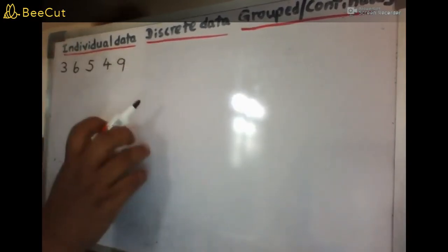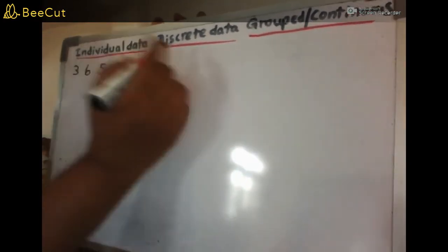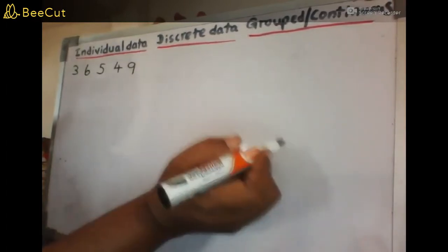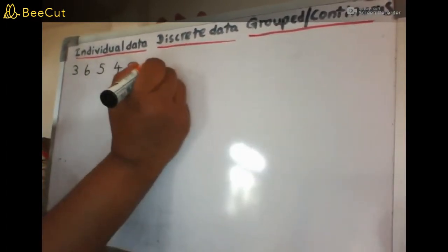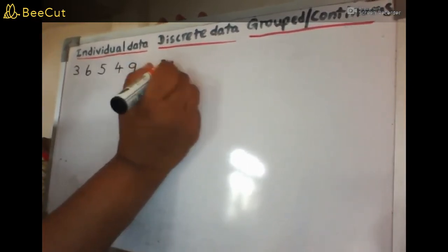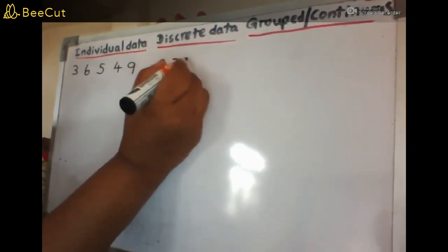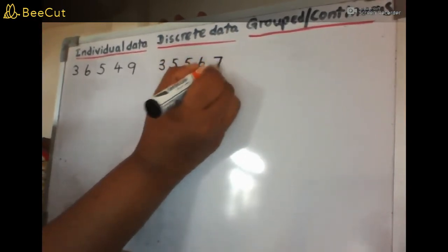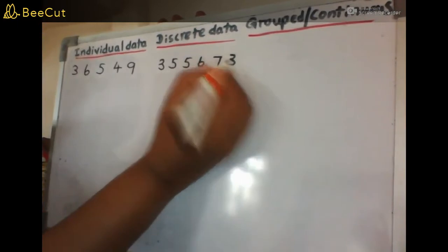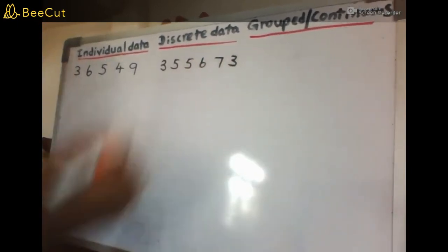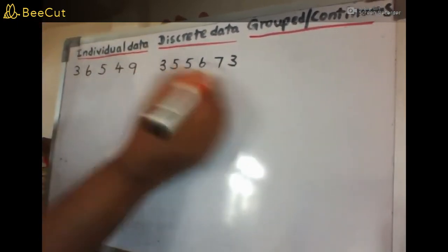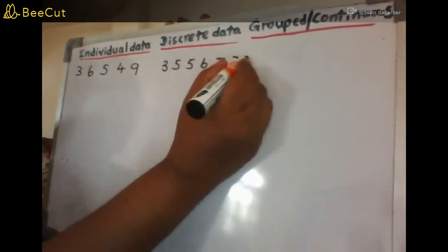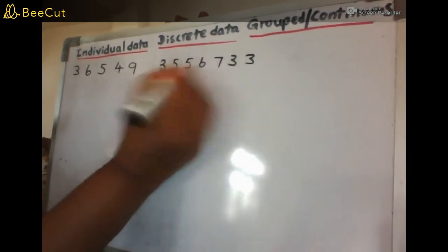Now discrete data means a particular mark can occur more than once in a series. Say 3, 5, 5, 6, 7, 3, like that. See 3 here, here also 3, 2 times. 5, 2 times. If you have another 3 here, 3 times.